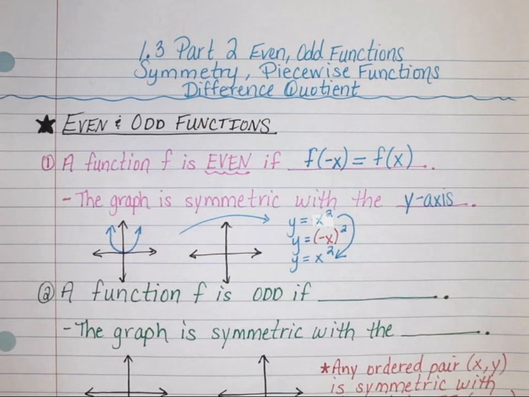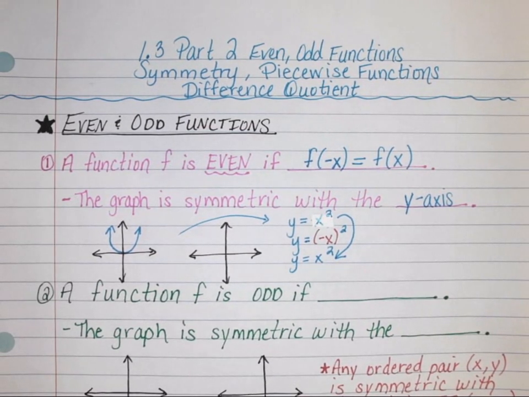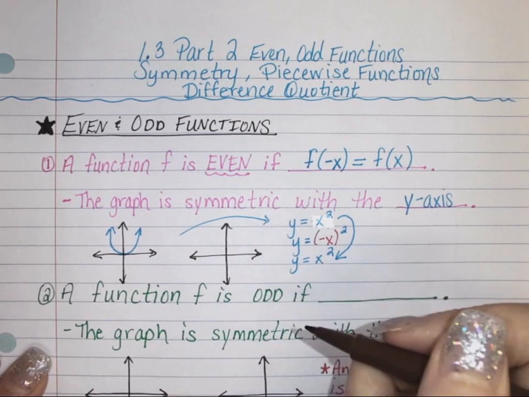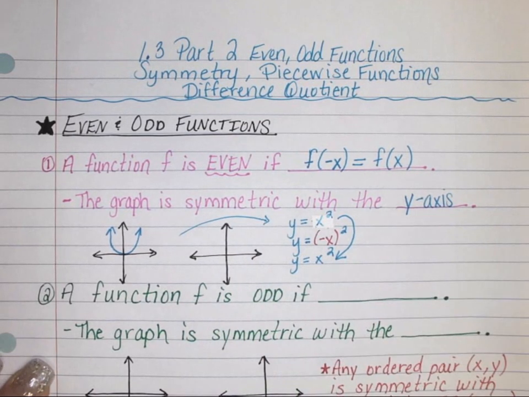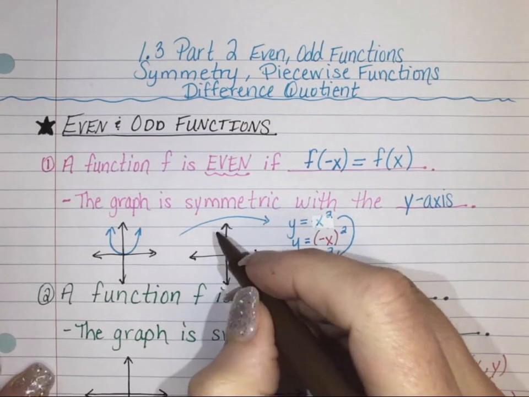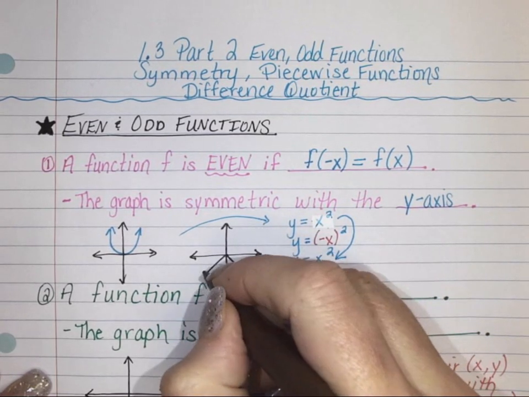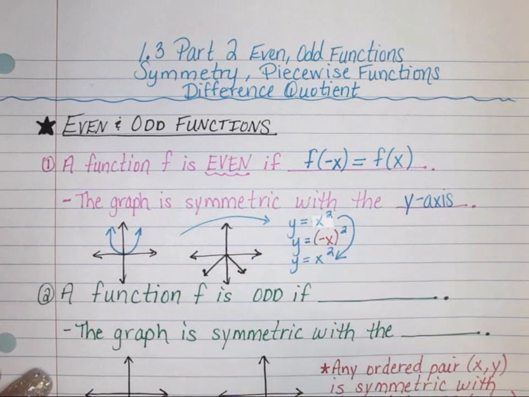Another common graph that is also an even function, of course, is your absolute value graph, not your cubic graph. But we could, of course, have a flipped parabola and so forth.